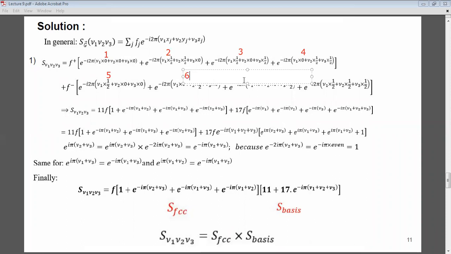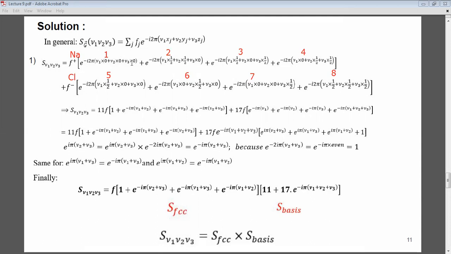So this is 6, 7, and 8. This is f plus, so it is for the sodium, and this is f minus, which is for the chlorine atoms.